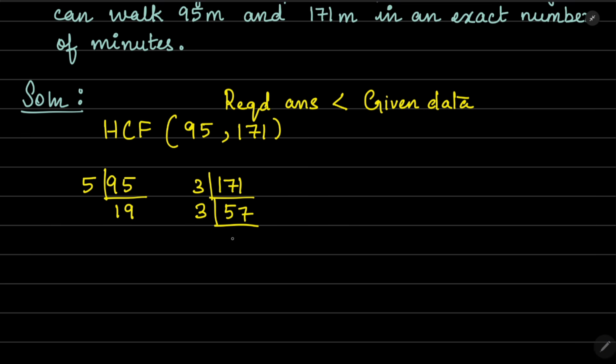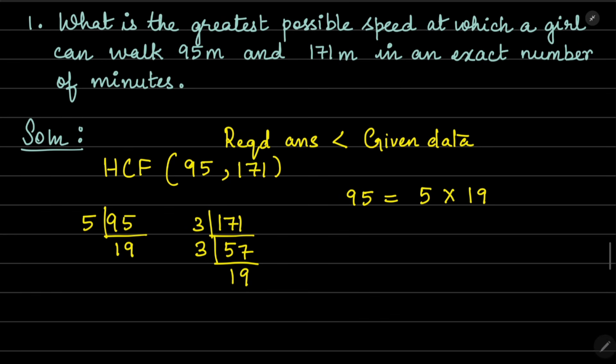Again go with 3. 3 1s are 3, 3 9s are 27, and 19 is a prime number. So the prime factorization of 95 is 5 multiplied by 19, and for 171 it is 3 square multiplied by 19.